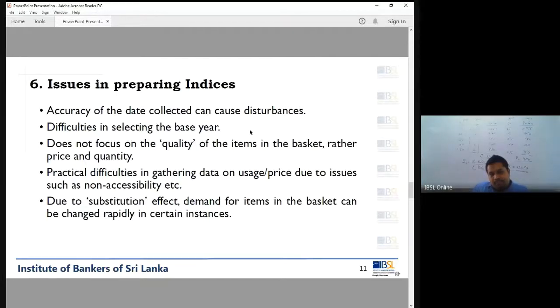Let's say, for instance, in a practical example for a stock market index, you are going to select year 2008 as a base year. What happened in 2008? Due to the post-war peace situation in Sri Lanka, the stock market rose to a very high point, and the indexes, both the All Share Price Index and the S&P index, skyrocketed to all-time high levels.